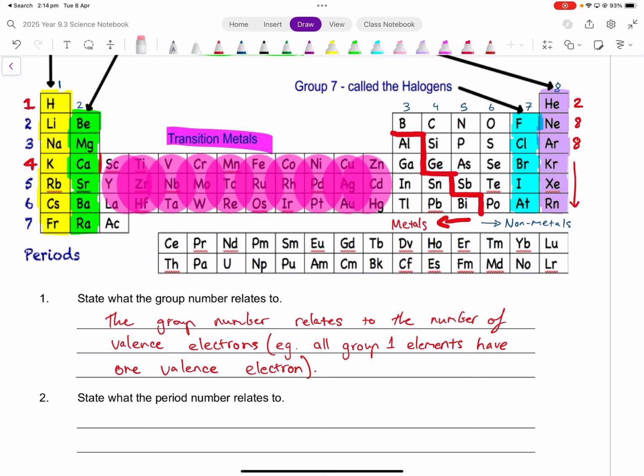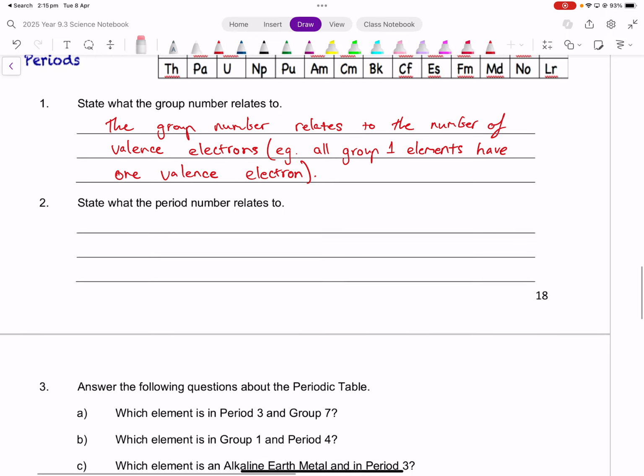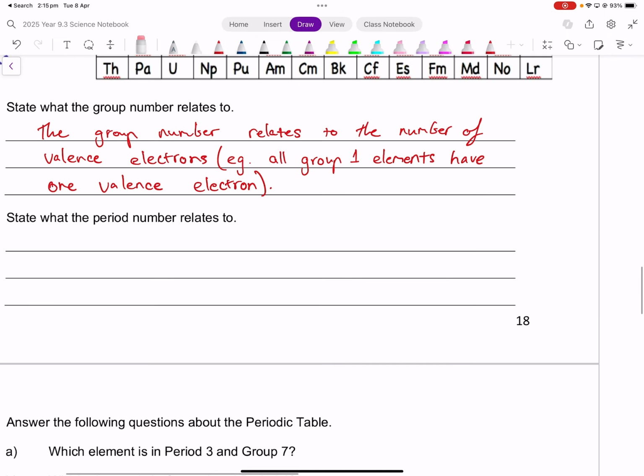So what do these rows tell us? Well, this first row, hydrogen, helium, tells us that how many electron shells does hydrogen and helium have? 1. If we move down to lithium, how many electron shells does everything in that row have? 2, the next one, 3, 4, 5, all the way down to 7. So when we're talking about what the period number relates to, the period number is the number of electron shells.